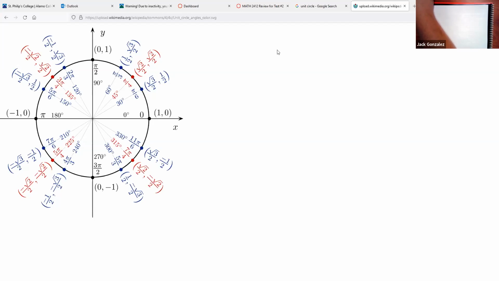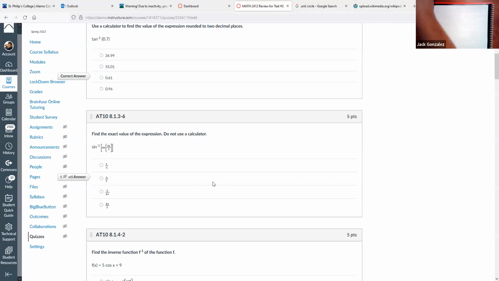Okay, what's it doing? Oh yeah. So 4 pi over 5 is outside the sine inverse value range, the angle.